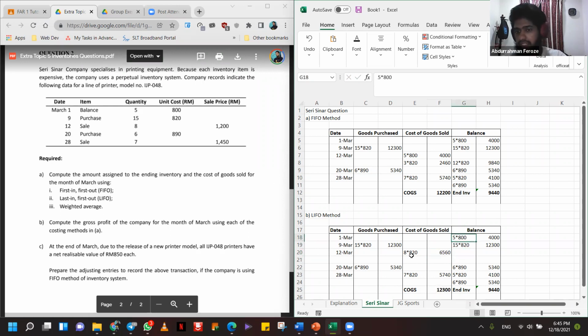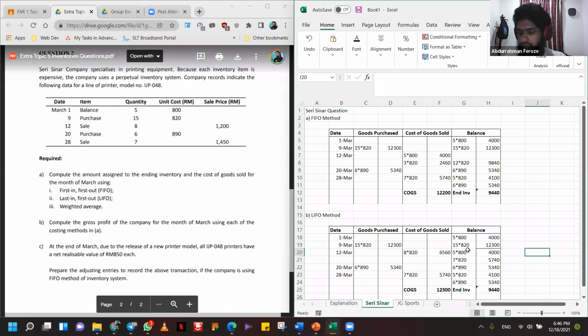And now the ending balance, this will still be there because we did not sell from that. This batch will have reduced. It was 15, we sold 8, so there'll be 7 remaining. 7 into 820 is 5,740. So because it's LIFO, you have to get rid of the new printers first.